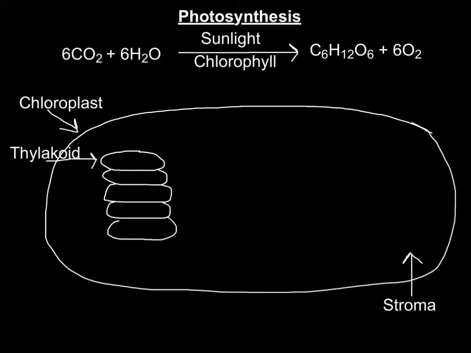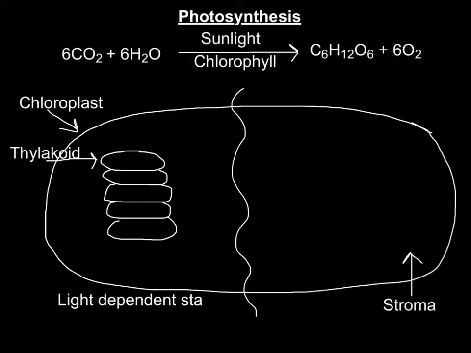So let's take a bit of a look now at the process. For our purposes, we're going to actually split our chloroplast into two main sections, because as I said before, photosynthesis has two main stages. Our first stage of photosynthesis is called our light-dependent stage, and it takes place in the thylakoid membranes.